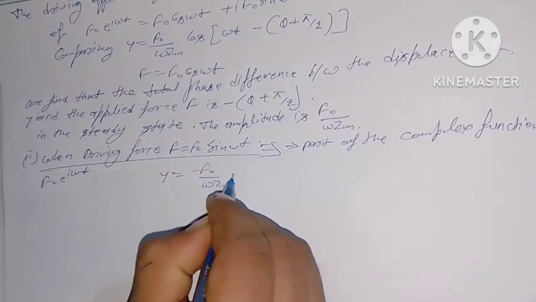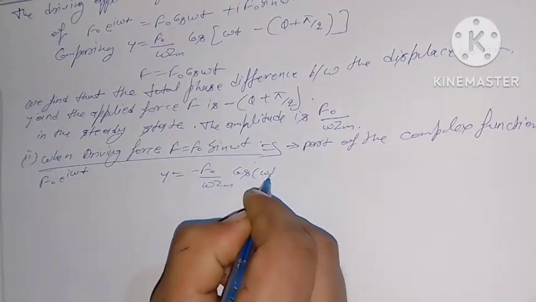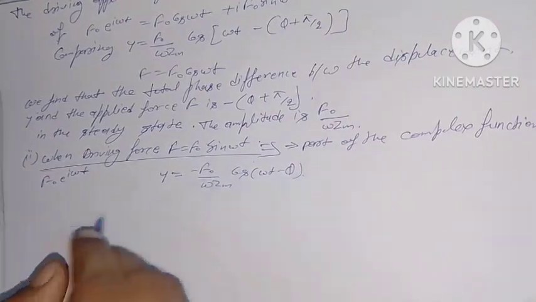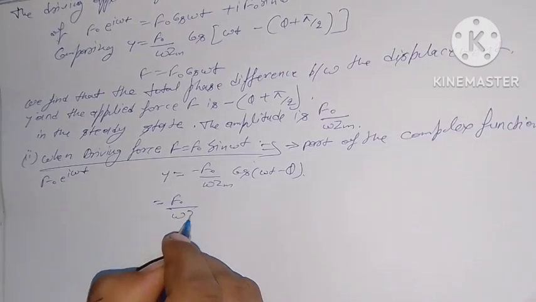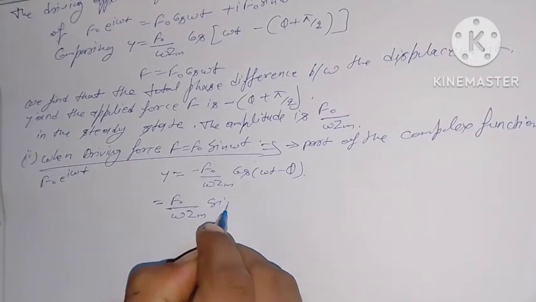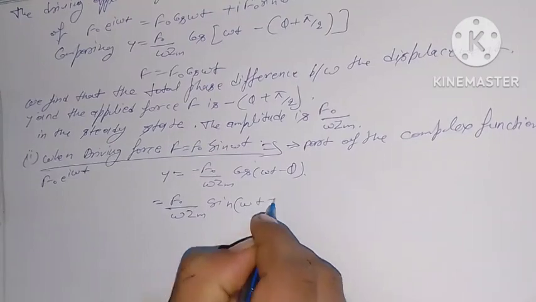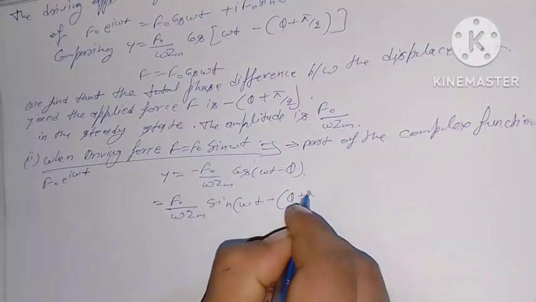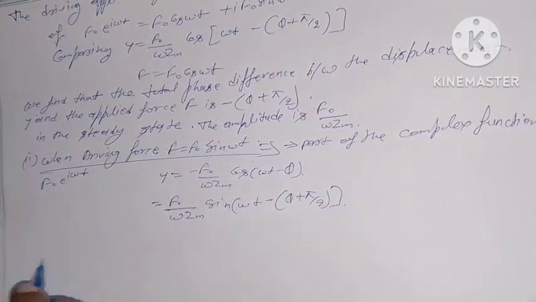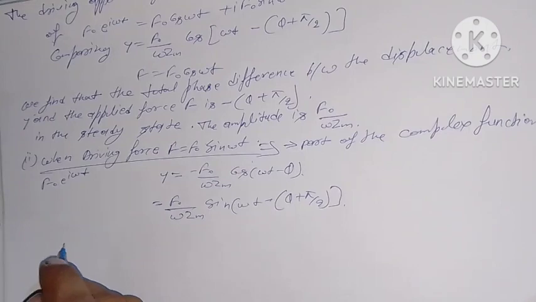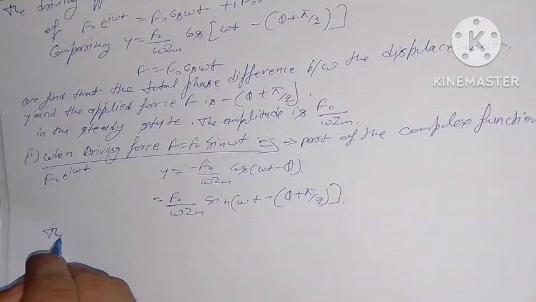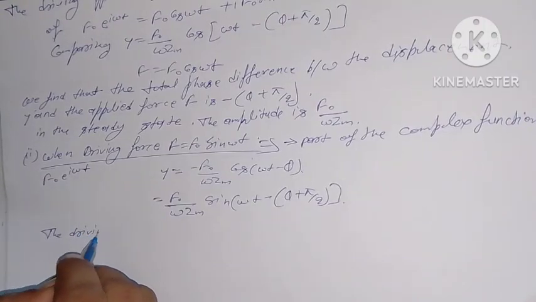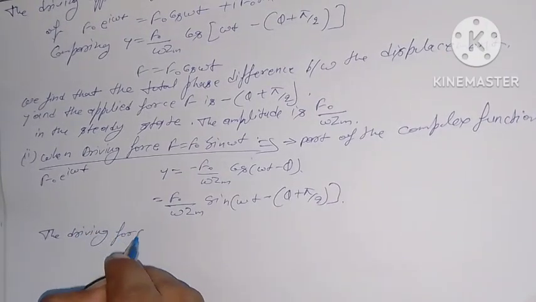We get y = -F₀ / (ω Zₘ) cos(ωt - φ). Okay, that is F₀ / (ω Zₘ) sin(ωt - φ + π/2).